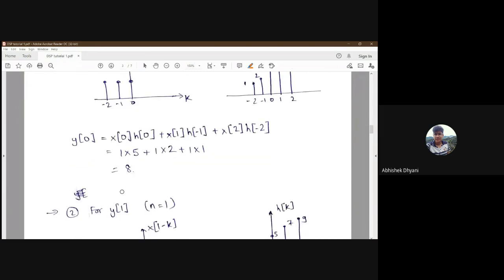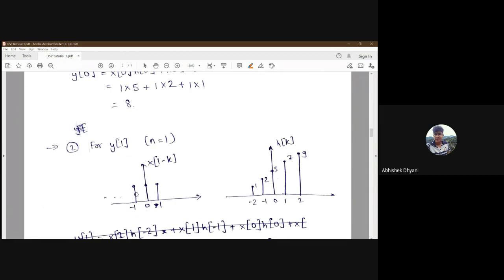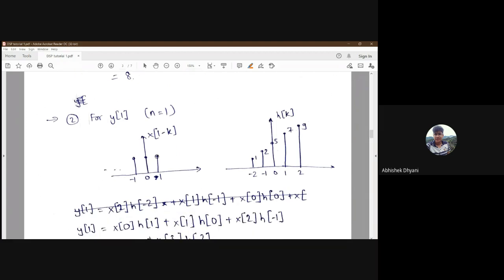Now similarly we can calculate y1. When we take y1, we are taking n equal to 1, and this x[n minus k] would become x[1 minus k]. That means the signal x[minus k] is shifted by 1 to the right. Then we again convolve this with h[k]. When k is equal to 1, which is this one, I get x[0], and it will be convolved with h[1].